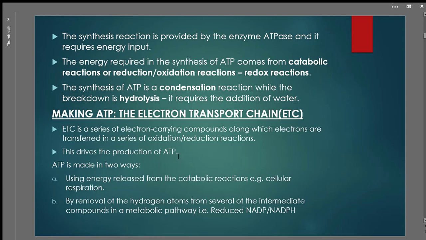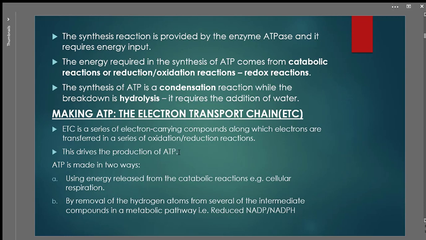Now, that is why we want to talk about how ATP is made, and this involves two ways. Before I talk of the two ways, how does this energy drive the synthesis of ATP? How is it lost? When electrons are excited in the process of photosynthesis, they move from a low energy state to a higher energy state.